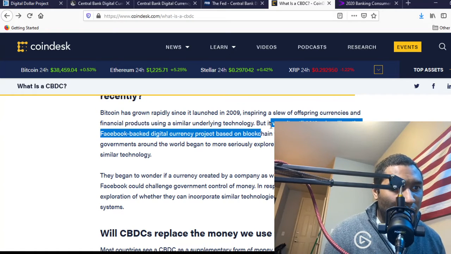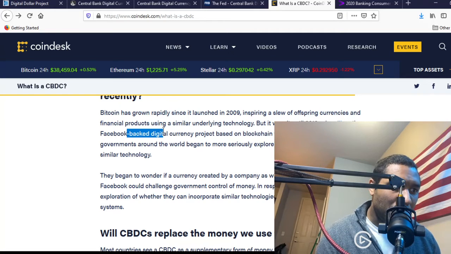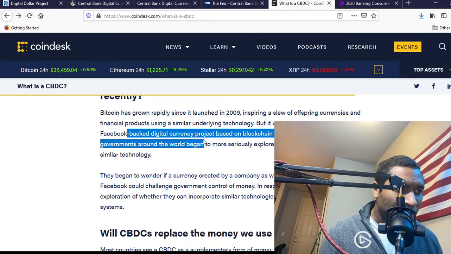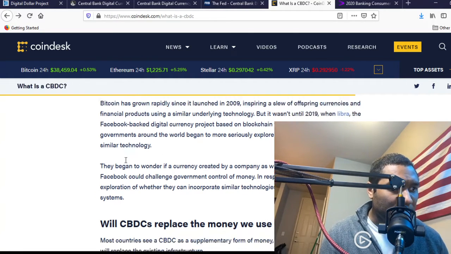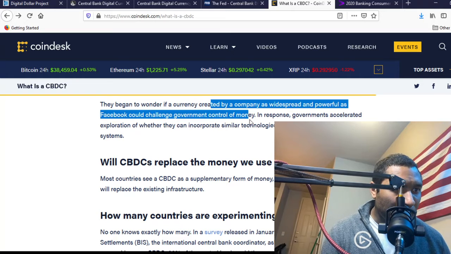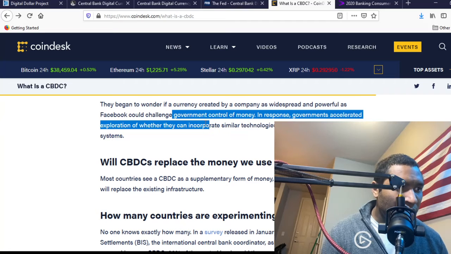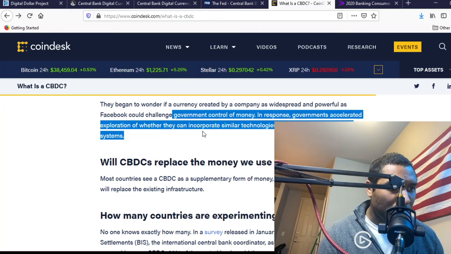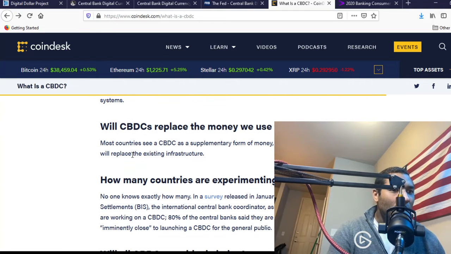But it wasn't until 2019, when Libra, the Facebook-backed digital currency project based on blockchain technology, was unveiled, that governments around the world began to more seriously explore whether they should be adopting similar technology. They began to wonder if a currency created by a company as widespread and powerful as Facebook could challenge government control of money. In response, governments accelerated the exploration of whether they could incorporate similar technologies into their national payment systems.